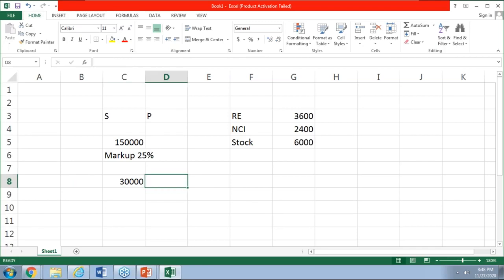But the question says that the company has remained only 1/5 of this stock. So 1/5 of this stock means 1 divided by 5. So it will be 6,000 is the amount of the profit that is still remaining in the warehouse. And we have sold 4/5 of this stock, 4 upon 5.